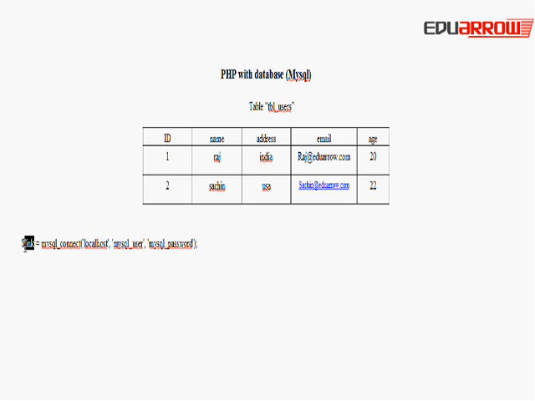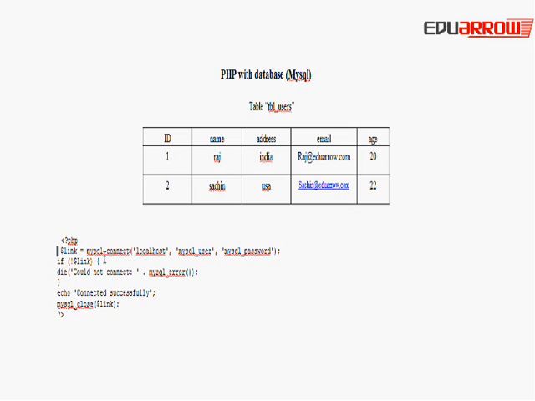See this code. In this, we are connecting with the database with the mysql_connect function, passing three parameters: server name, username, password for the database. If the connection is established, then it will display connected successfully, otherwise return an error.